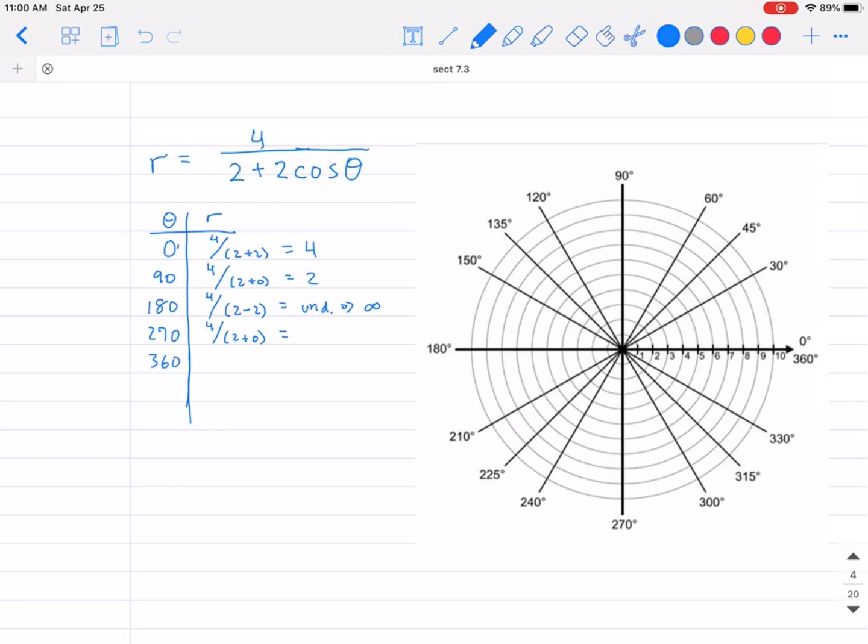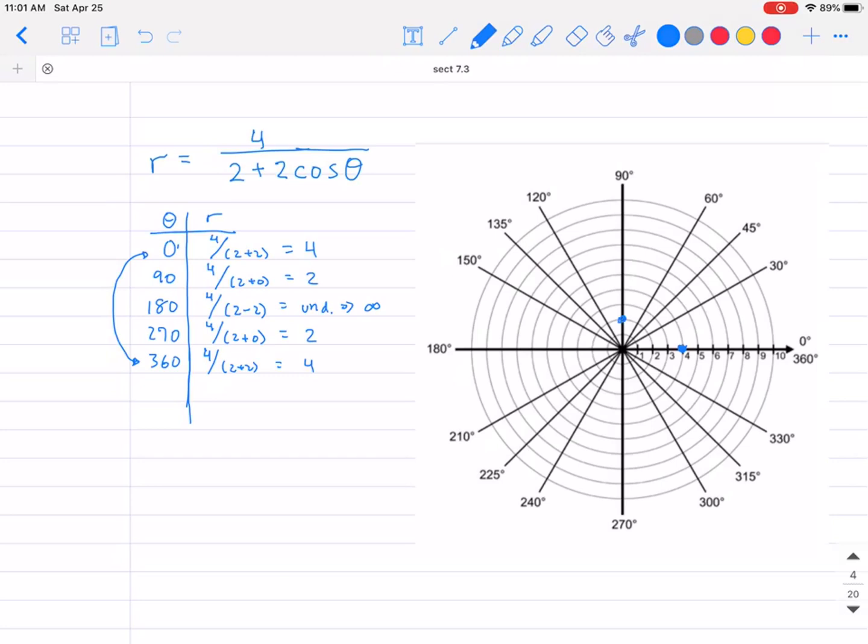We'll take care of that in just a little bit. Then 4 divided by 2 plus 0, which gives us 2. And finally, 4 divided by 2 plus 2, which gives us 4. Keep in mind that 360 is the same thing as 0, so we should get the same answer for the r for the most part, unless there's some sort of weird modification. Okay, so here we go.